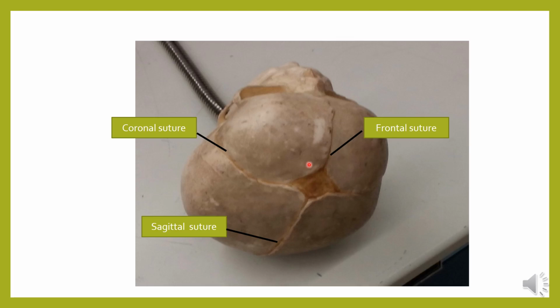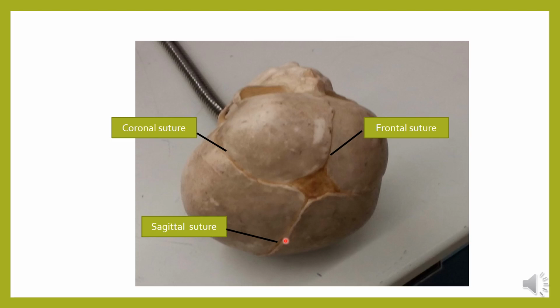The connective tissue between two bones is called sutures. This is the frontal suture, and this is the coronal suture, and this is the sagittal suture.